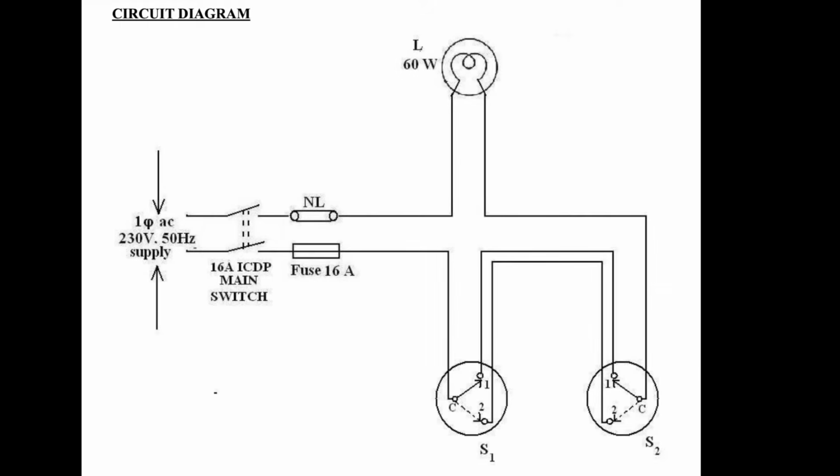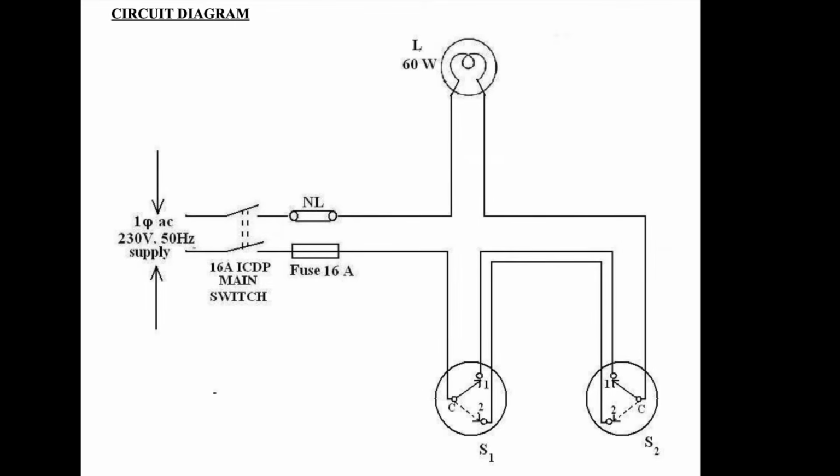Now we'll see. If switch S1 is in position C1, then there is a connection between common point C and the terminal 1, and if S2 is in position C2, then this connecting rod will be joining the common point C to terminal 2 of switch S2.